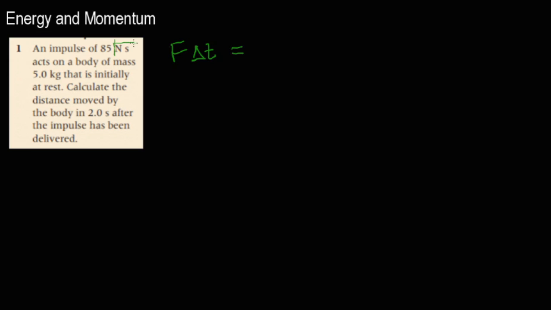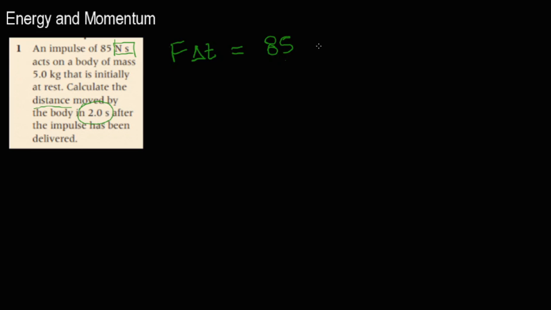We can look at the units here, they tell us something, and you should have those equations in your physics data booklet. So the value here is simply 85. Now, we know that the time elapsed is 2 seconds. So we should be able to find the force. But we're looking for the distance.